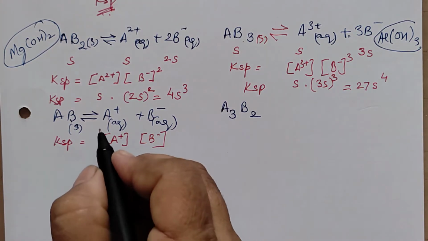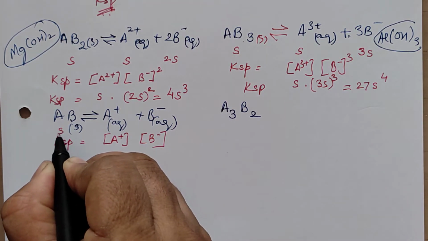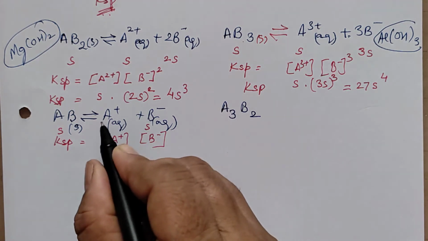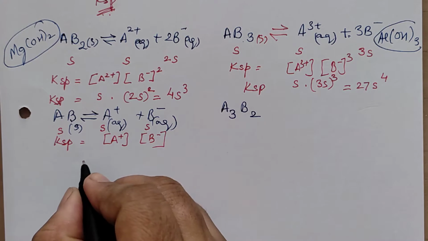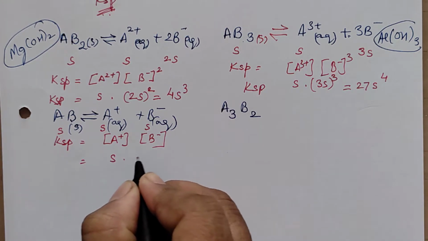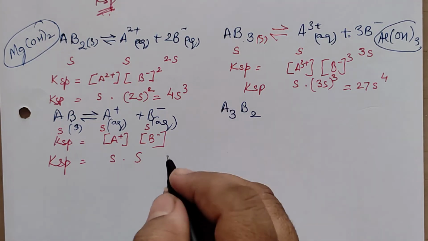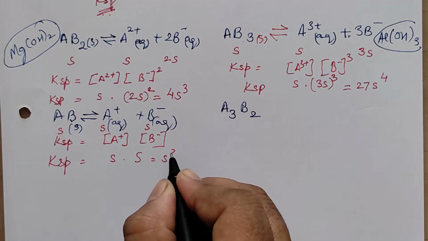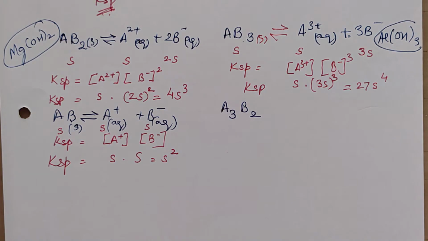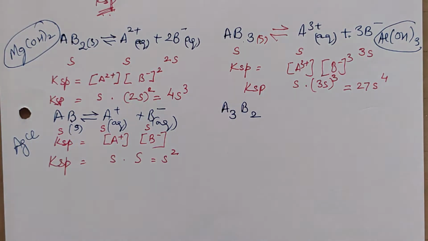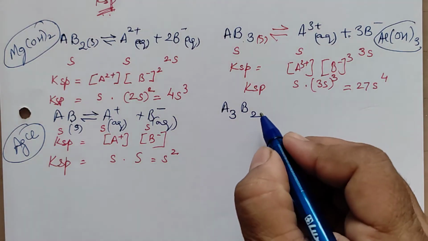Suppose it is S moles per liter; this will also be S moles per liter, because the coefficients are 1. Putting in the values, KSP for the AB type of salt is equal to S square. An example of this type is AgCl, and all silver halides: silver chloride, bromide, iodide.